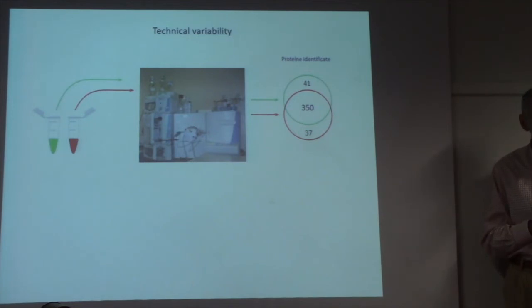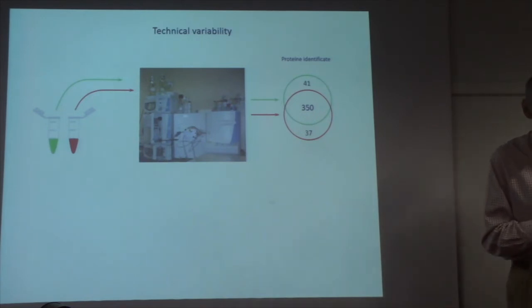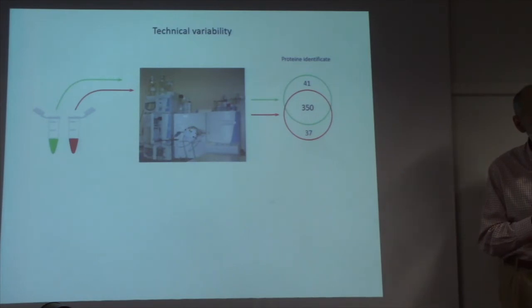A technical control and a biological control. Half correct. The first part is correct. The second part is impossible. I'll show you why. The technical control would be what? Unknown quantity of protein, unknown mixture of protein.